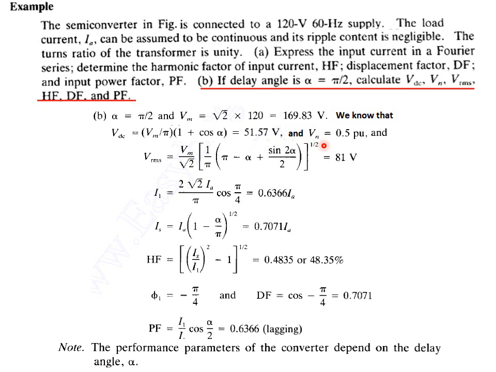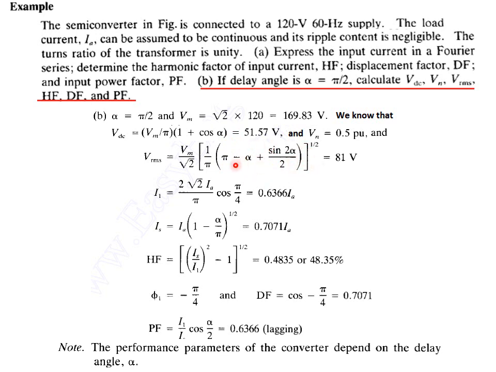and the normalized value is 0.5 per unit. And VRMS, this formula also we have derived in the previous video: Vm by root 2 times 1 upon pi (pi minus alpha plus sine 2 alpha by 2) under the root sign.